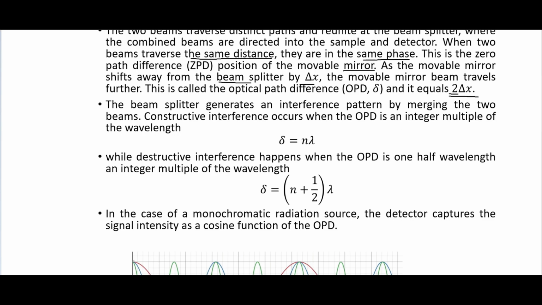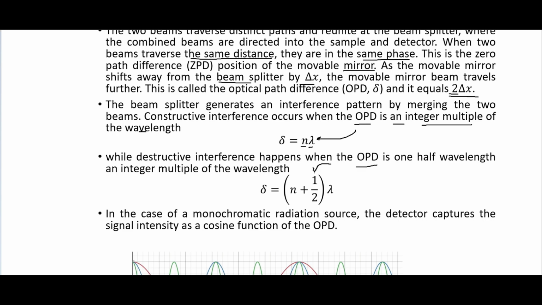So the beam splitter generates an interference pattern by merging the two beams. Constructive interference occurs when the optical path difference is an integer multiple of the wavelength. So when our delta is equal to some integer n times the wavelength, while destructive interference happens when the optical path difference is 1/2 wavelength plus an integer multiple of the wavelength.